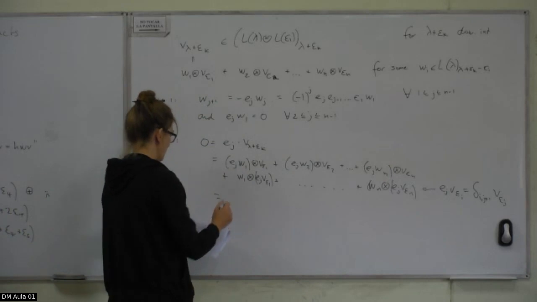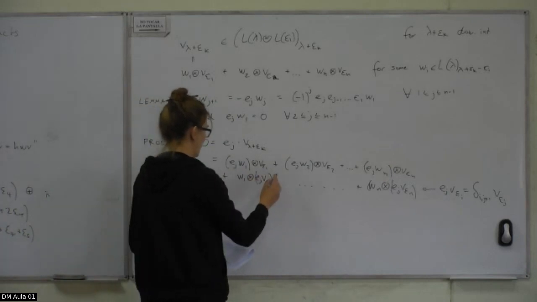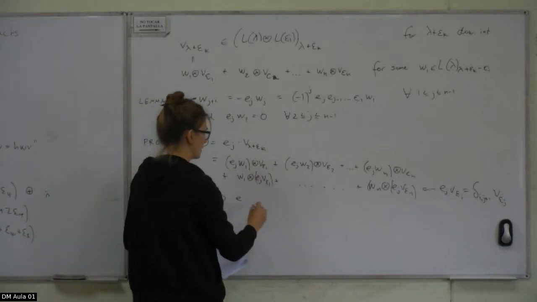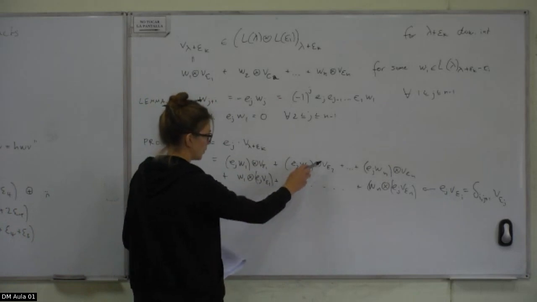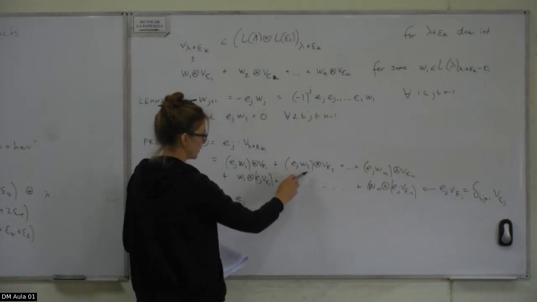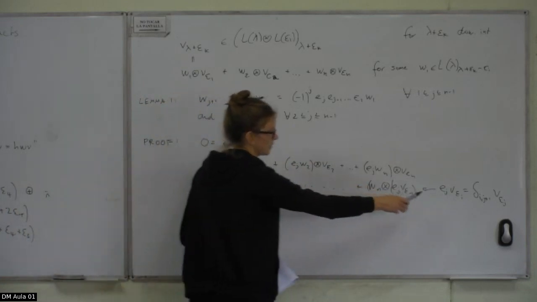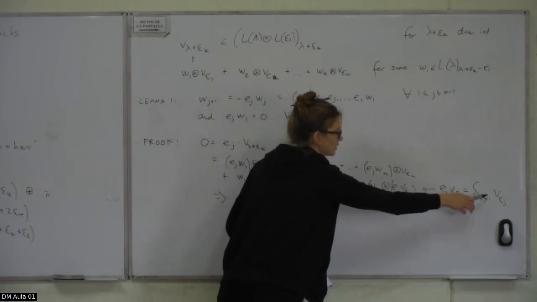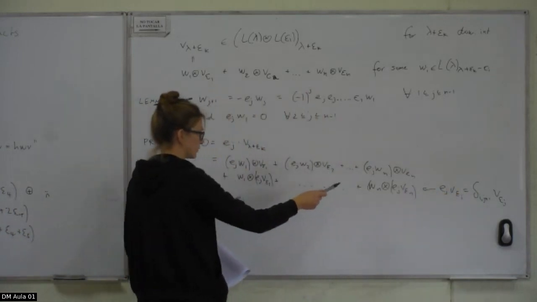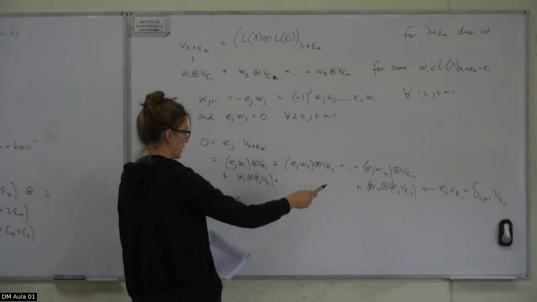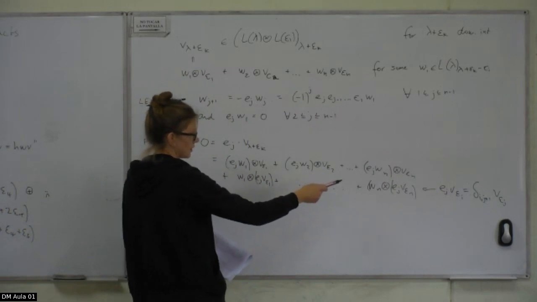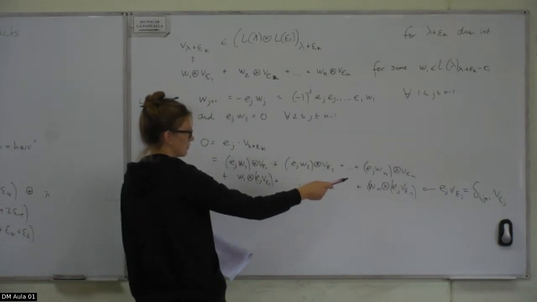We find that by just comparing, what was the only place where E_j applied to v epsilon i was something non-zero, that was for epsilon j plus 1.